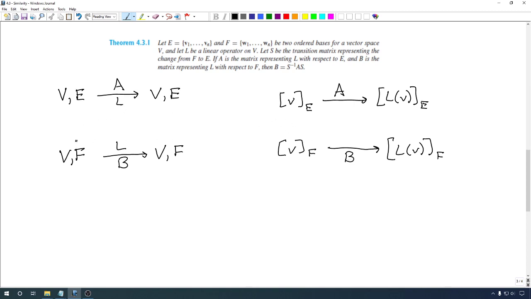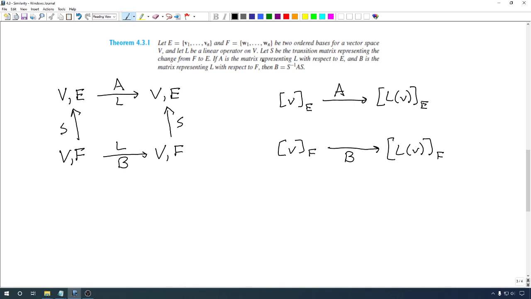But then we have our transition matrix. And remember, this is going from F to E. We're going from here up to here. So the same direction that we had our U in. So still going from the bottom to the top. Of course, this is a transition matrix.